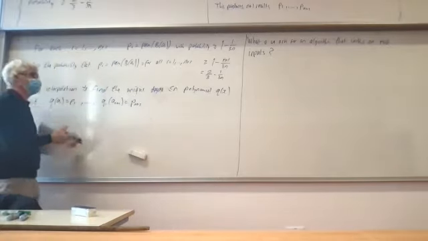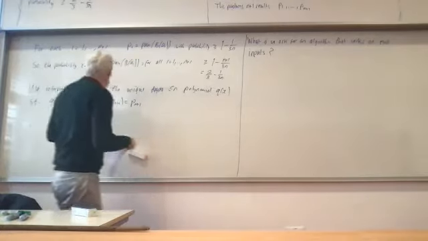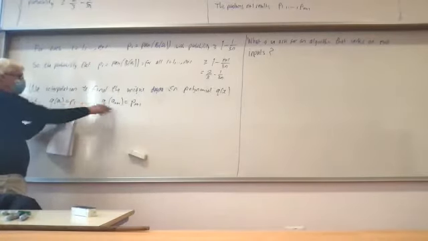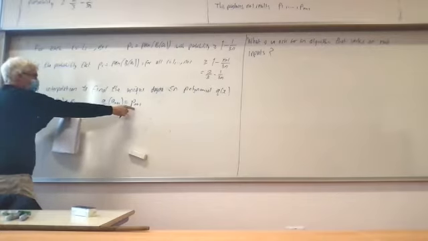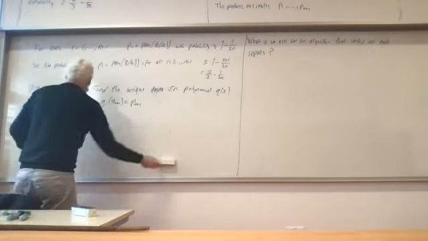And with probability greater than 2/3 minus 1 over 3n, these p's are the permanent of the respective matrices.